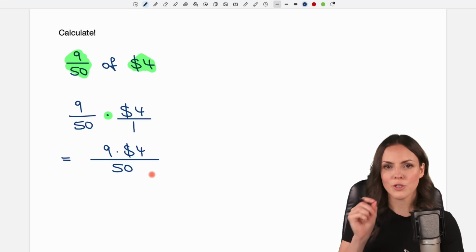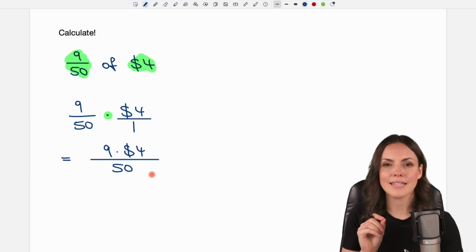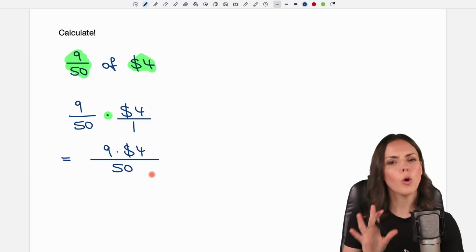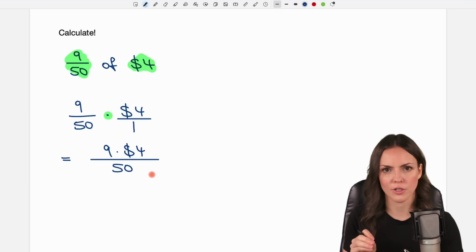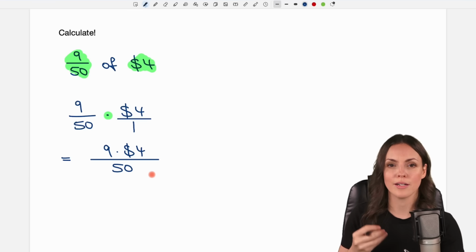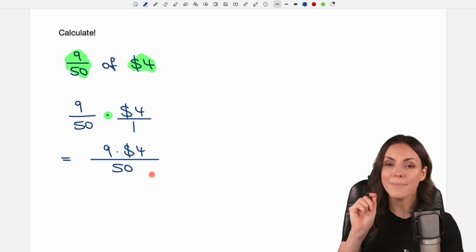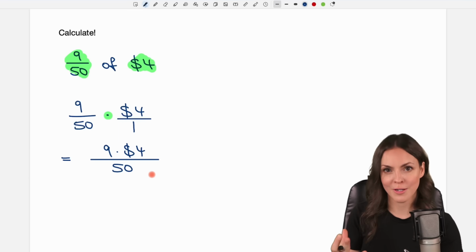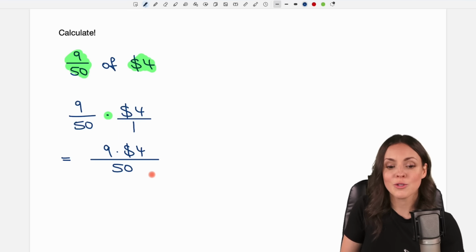Now, what I want to show you here now is not to always reduce your fraction. So maybe sometimes it's not easier to make your numbers smaller, but to make them larger. But it always depends on the numbers. So here, for example, instead of reducing this fraction, we can see that we have a 50 here in the denominator.